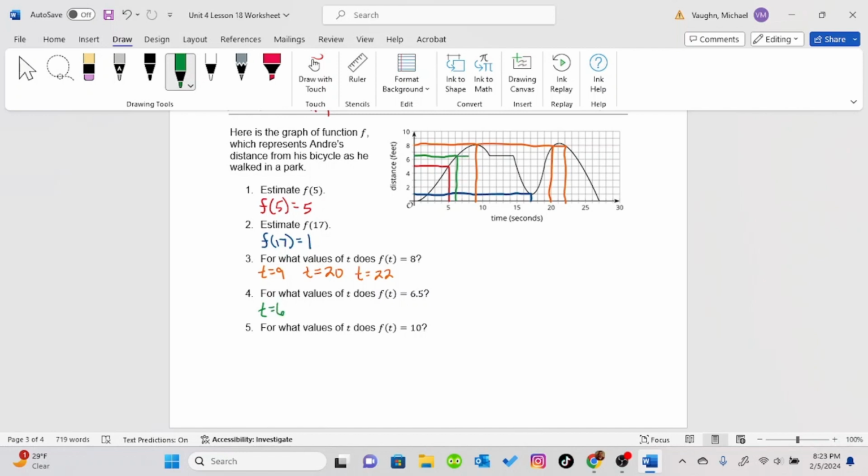If we continue going, it looks like this happens from t equals 11 until t equals 14.5.